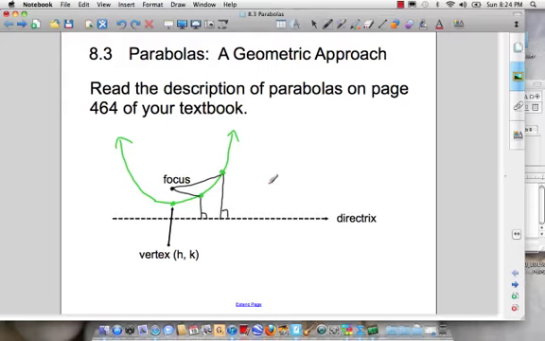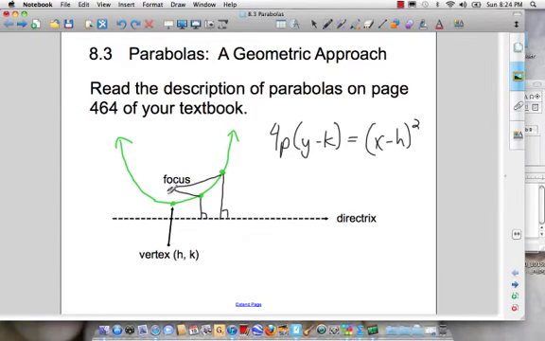If the parabola is pointing up, like this one, then its equation is 4p(y − k) = (x − h)². Again, I'll explain in more detail during class where this comes from. For now, (h, k) is the vertex, and this p, you might be wondering what's p.